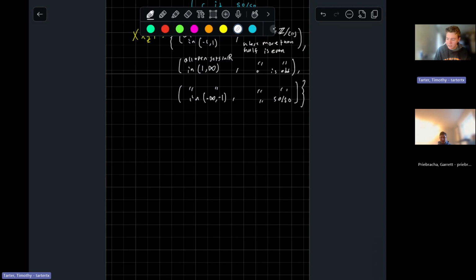Okay, so our next thing: if Z is the final object in a category C and X and Y are objects in C, show that the fibered product is the same as the product.